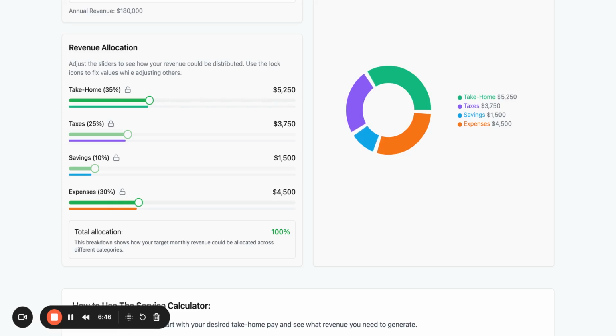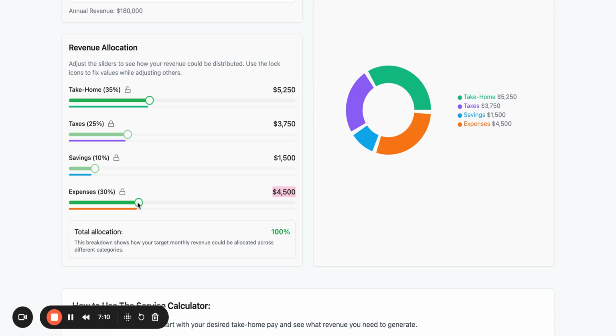So what if we bump this down to 5250? Well, this tells us, okay, now we have a budget of $4,500 a month for expenses. That feels high for this breakdown of revenue. So I'm not saying that's what we need to aim for, but this tells you when you can expand the team or make different investments in your business.